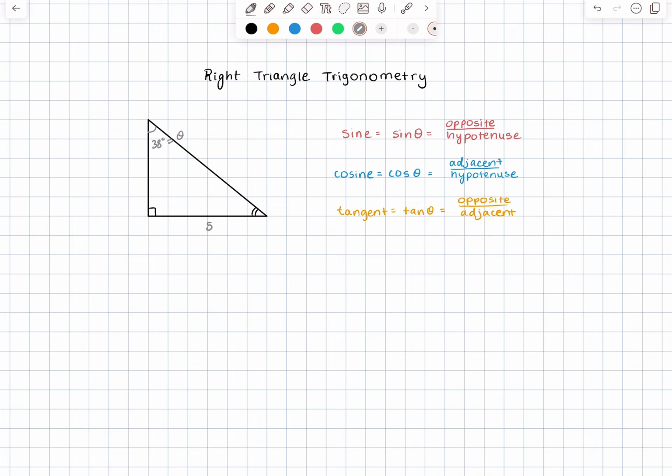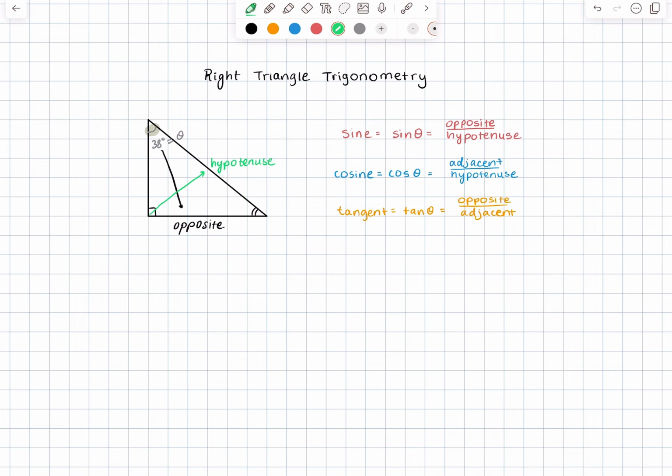Well, let's go ahead and label first. If this was our focus angle right here, then my opposite is going to be opposite to the angle, which is the side over right here. So this is going to be my opposite side. And my hypotenuse is across from the 90 degrees always. So this is my hypotenuse.